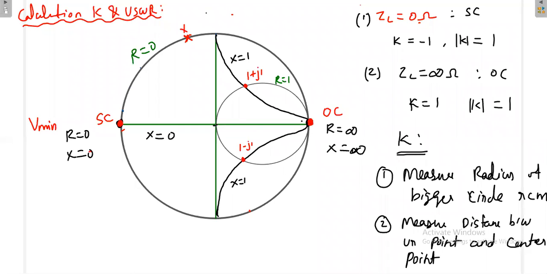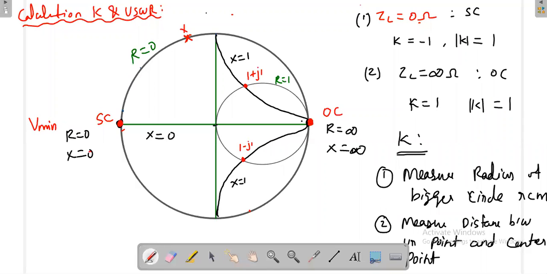The reflection coefficient magnitude is the distance between the point and the center point, divided by the radius of the bigger circle. I will close with this concept, within about 10 minutes.